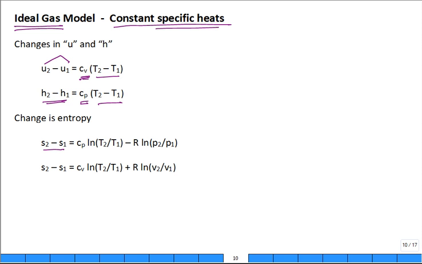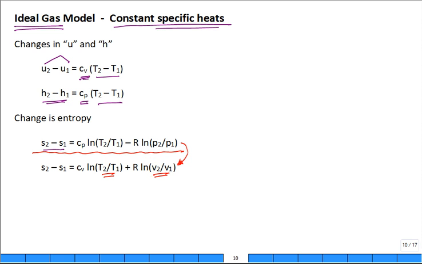It's a function of temperatures as well as pressures. Sometimes students will forget this part, and it's wrong to forget that part. You also can express it in terms of temperature and volume changes. It's just algebra between these 2 equations. But this one is the most common one; if you remember that one, you can do a lot of the calculations.